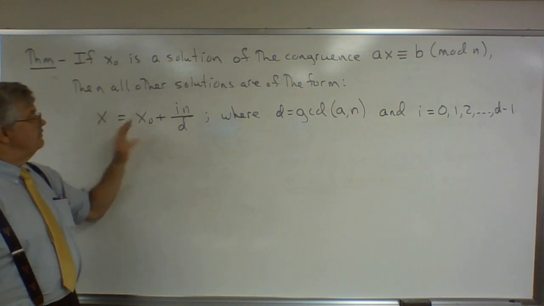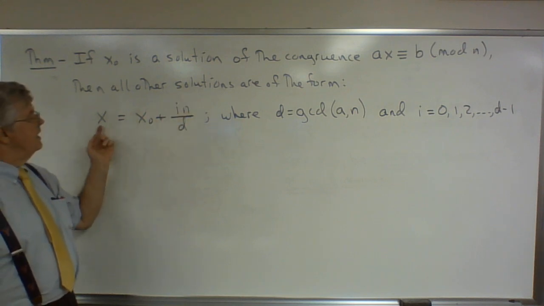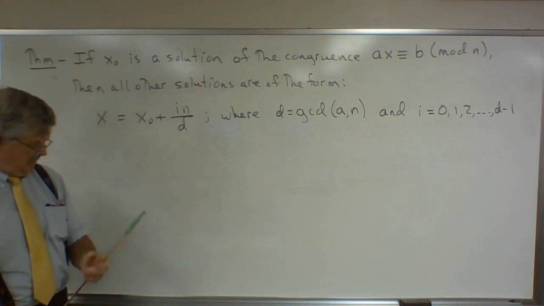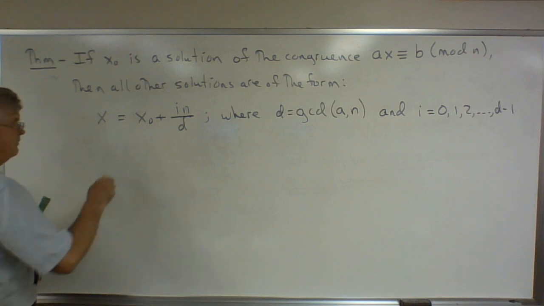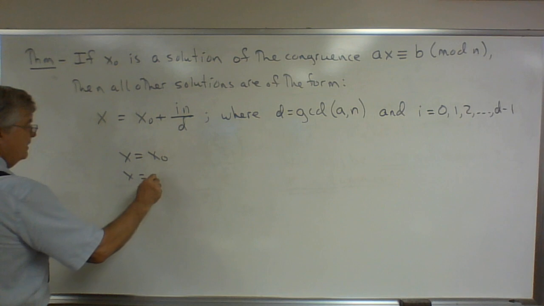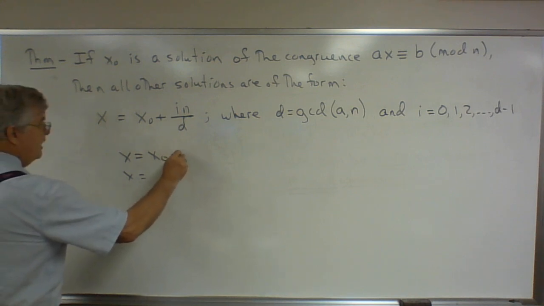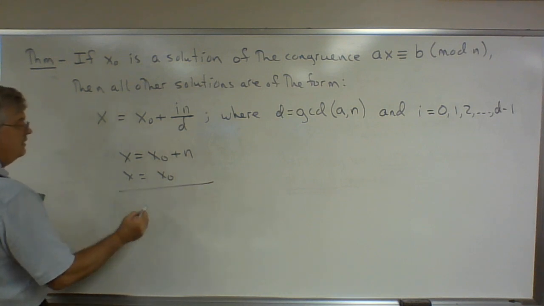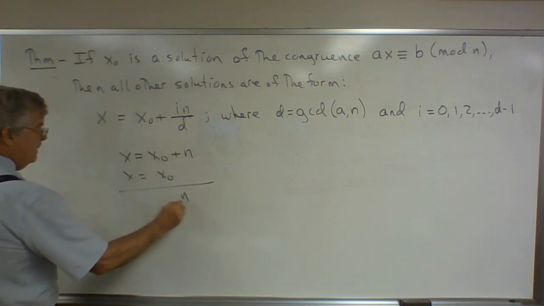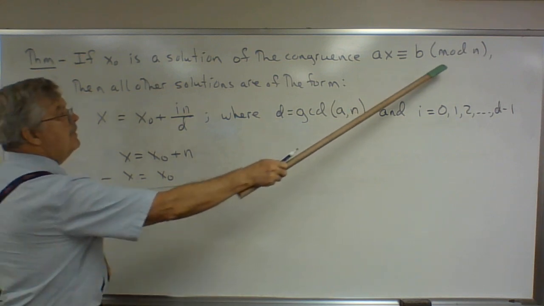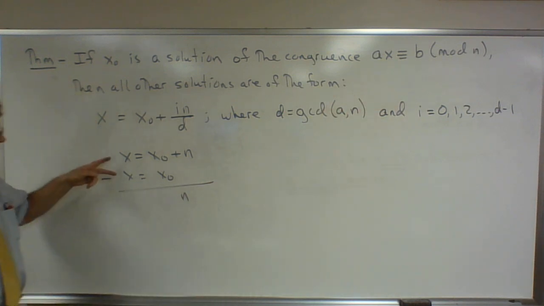But we already have x equals x naught as a solution. If we allow x equal x naught plus n as a solution, what's the difference of these two solutions? n, which means that modulo n, these two things are exactly the same.